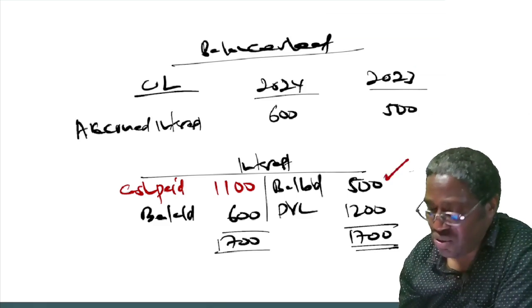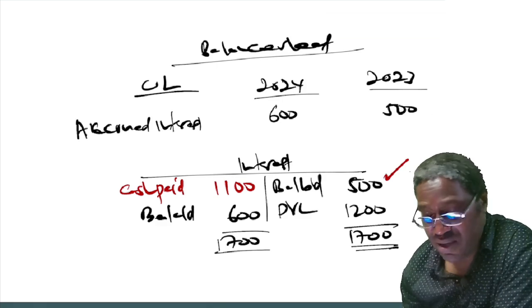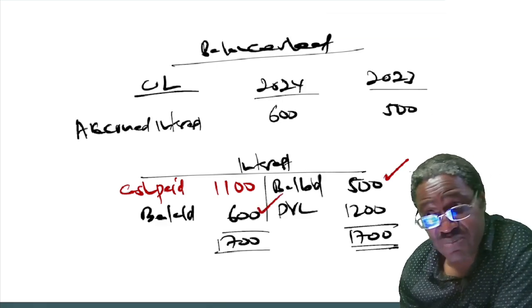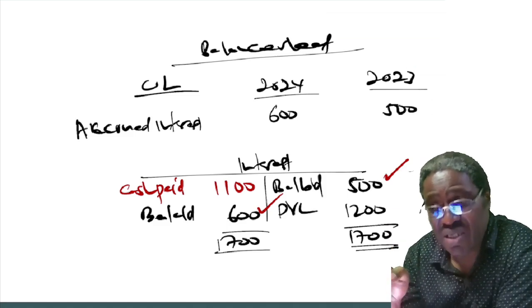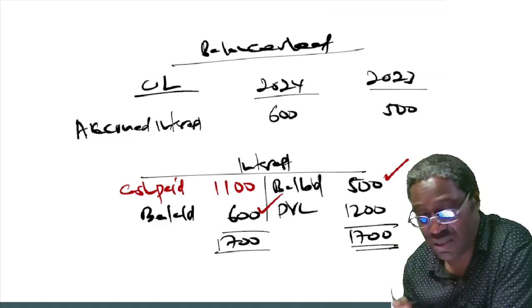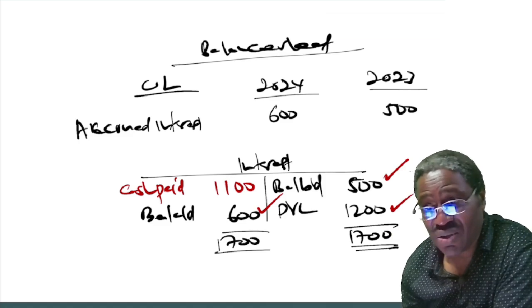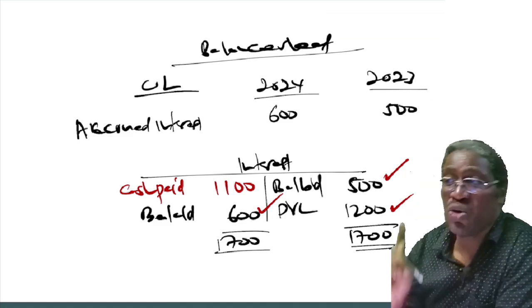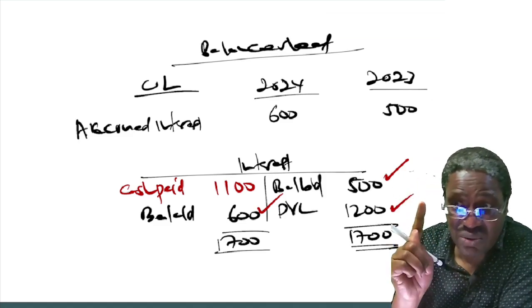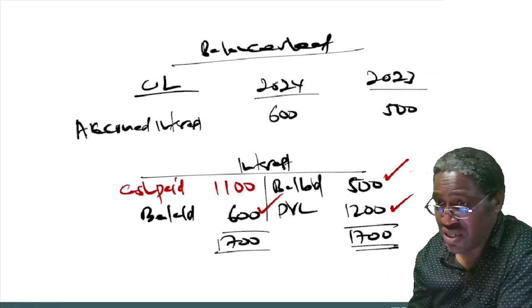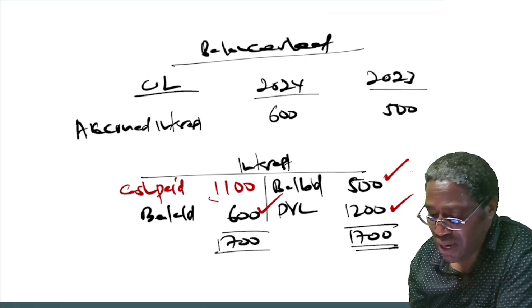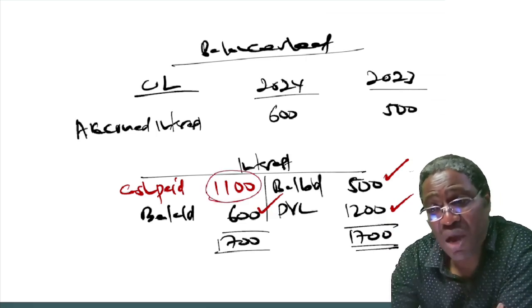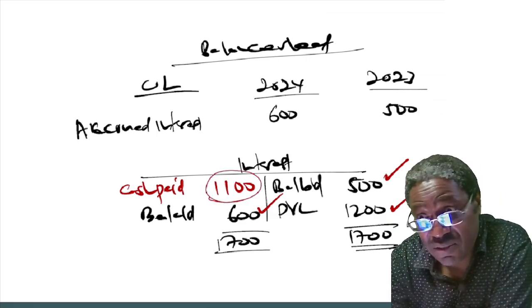You would have brought down the accrued interest by the beginning. You would have carried down the accrued interest by the end of the year. Then you would have gone to the income statement, pick the charge for the year, which in our illustration is 1,200. And because it's normally debited in the P&L account, automatically you would have credited the interest account. Then from there, you would get the balancing figure to represent how much was paid, which in this case is 1,100.